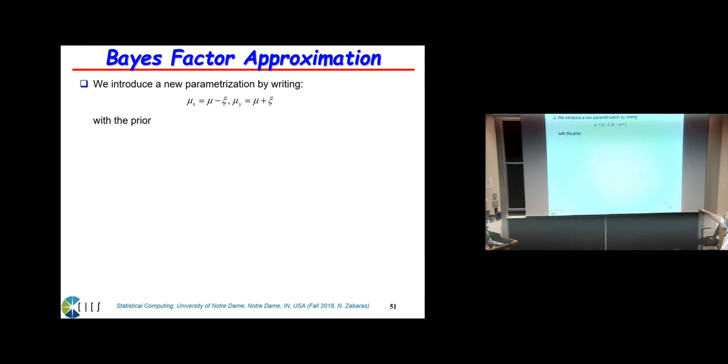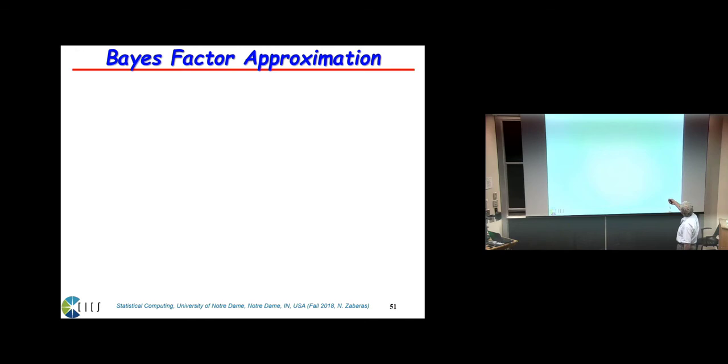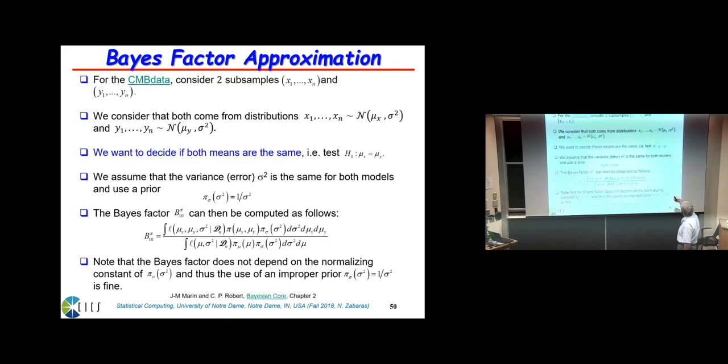So the reparametrization here is, I'm going to write mu x on model 1 as mu minus xi, another random variable, and I'm going to write mu y as mu plus xi, and this will allow me to put the same prior on this mu as I would put on the model H0. Can you see this?